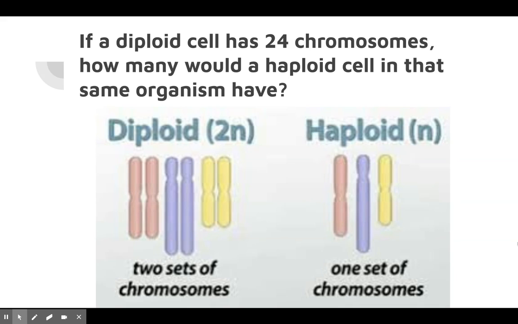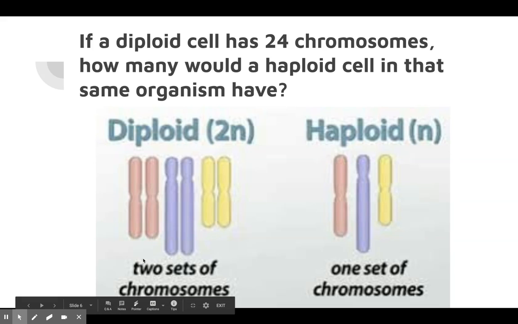So if a diploid cell has 24 chromosomes, how many would a haploid in that same organism have? Looking at this, here's our diploid, and we have 6 chromosomes, and here we only have 3.